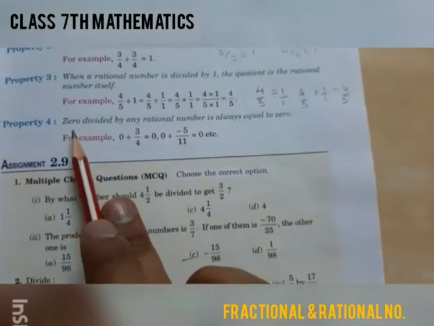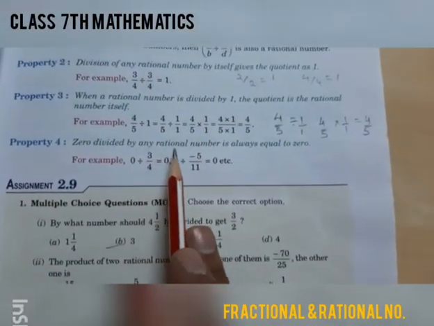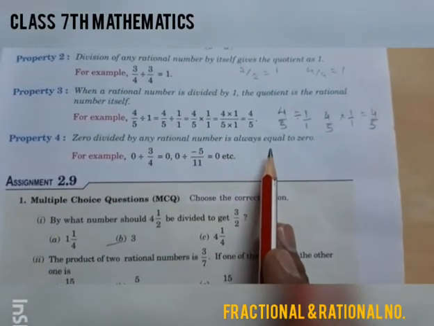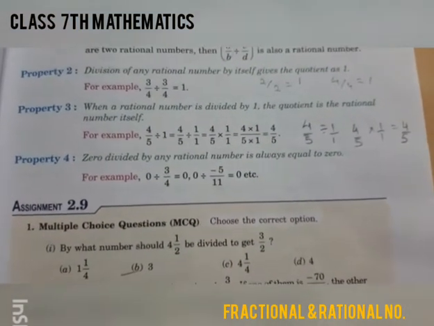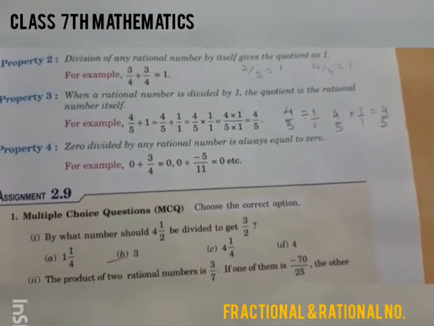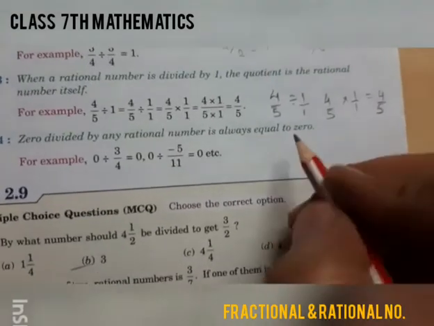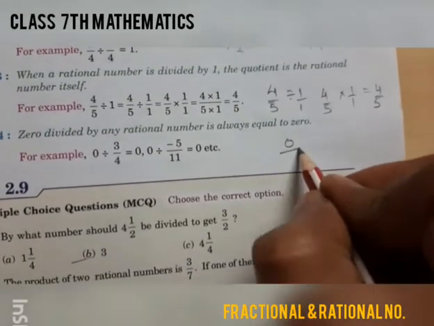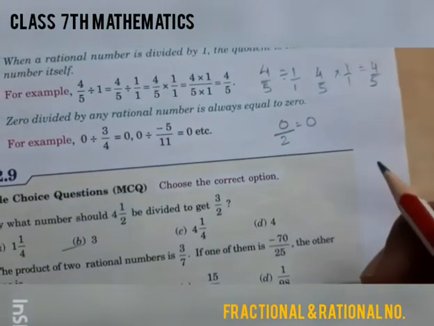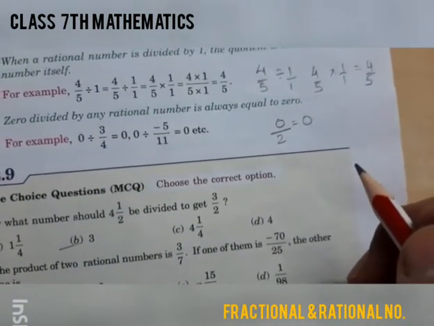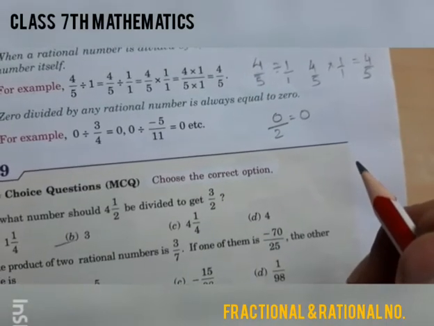Now last property, 0 divided by any rational number is always equal to 0. Now if you remember, during exercise 1.2 also I told you that if 0 is divided by any number, the result is always 0. And if any number is divided by 0, then the result is not defined.